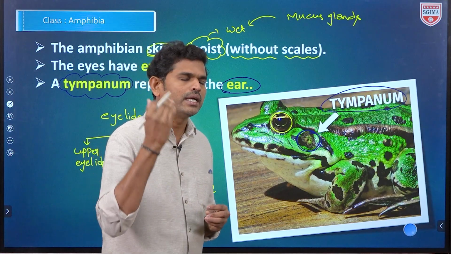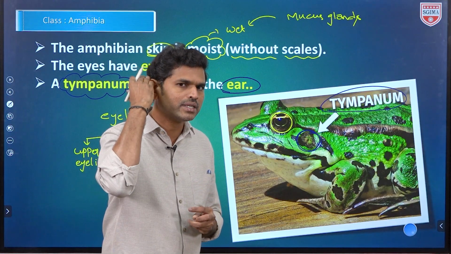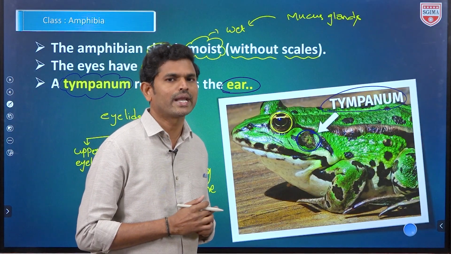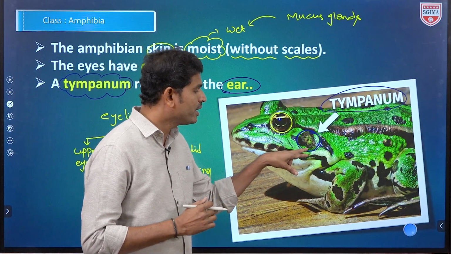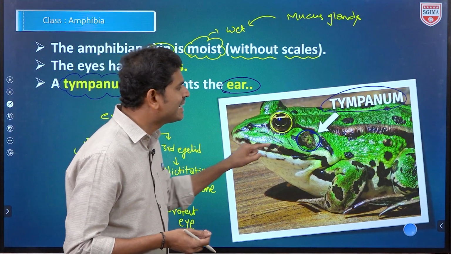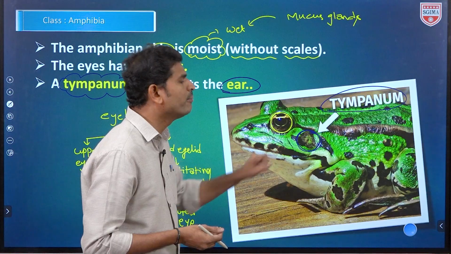But our ears are indicated by the external ear pinna, the external ear lobe. Here external ears are not present, so the presence of the ear is indicated by this tympanic eardrum membrane.